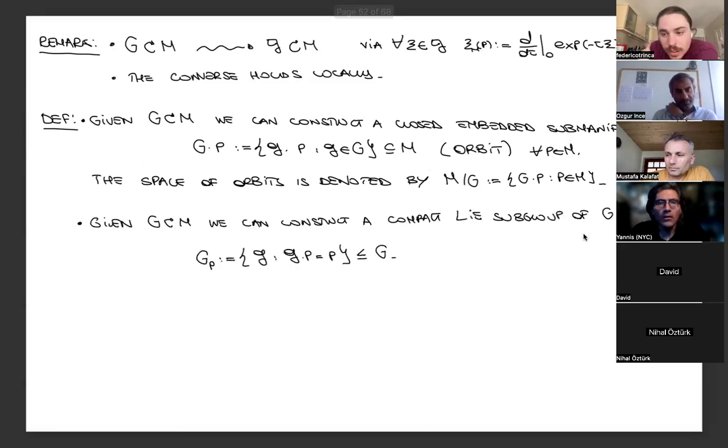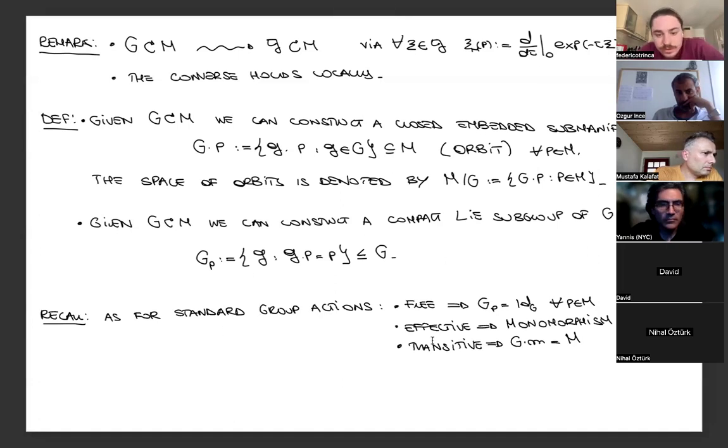Of course, you are familiar with orbits, and you know that orbits are related to stabilizers somehow. And so here is the definition of a stabilizer, G_P, the stabilizer of the Lie group action at a point P. In the case of our interest, for G a compact Lie group, every stabilizer is a compact Lie subgroup.